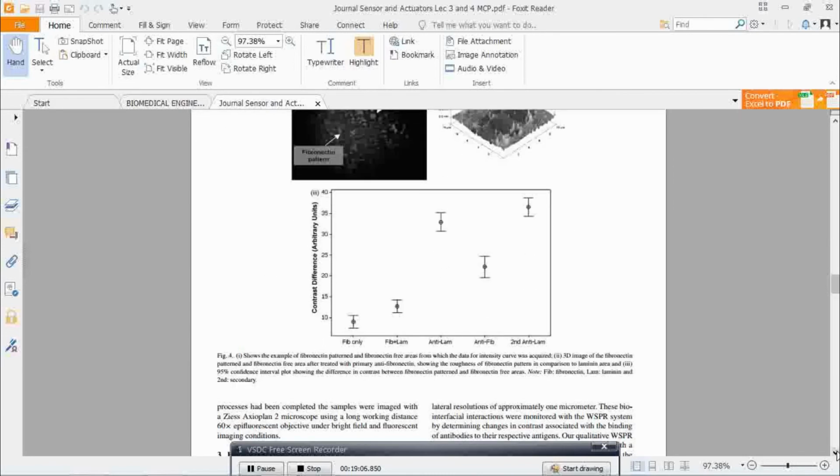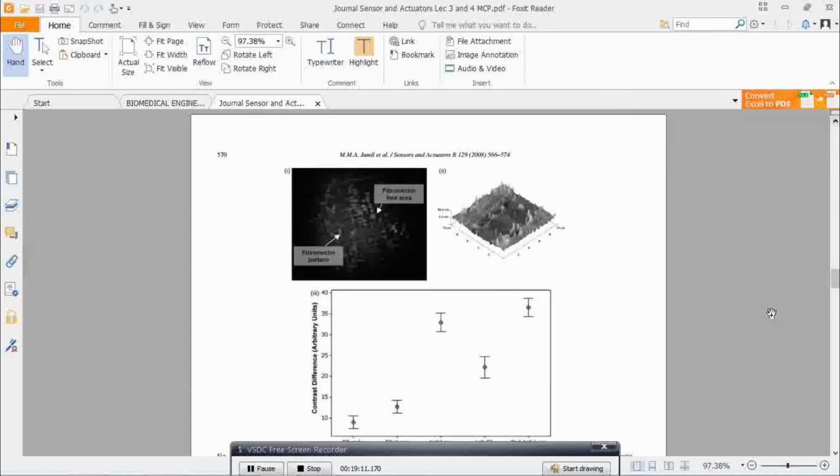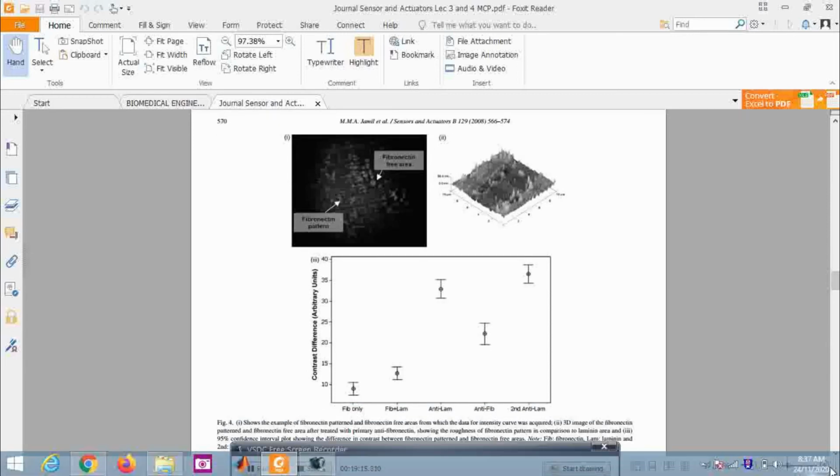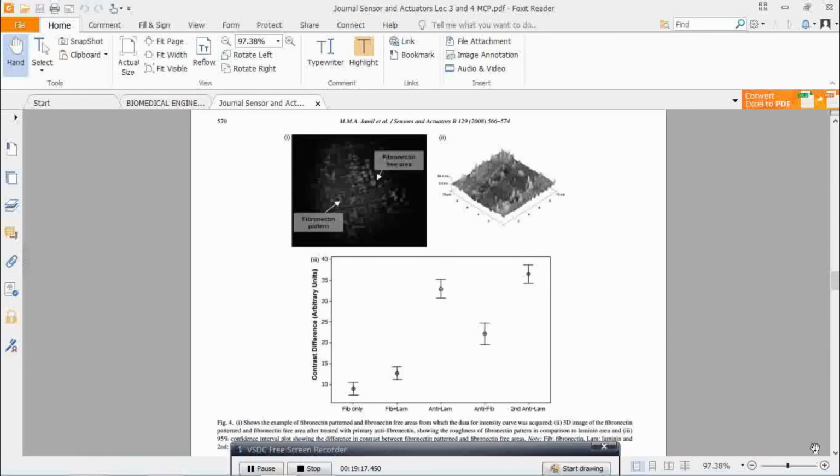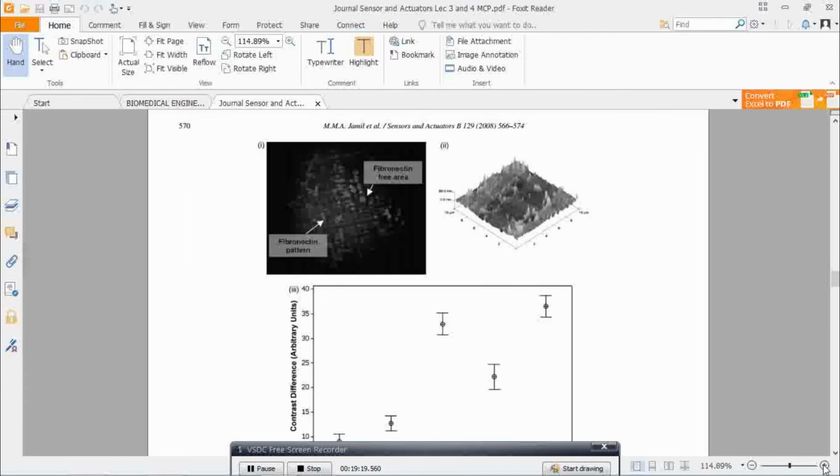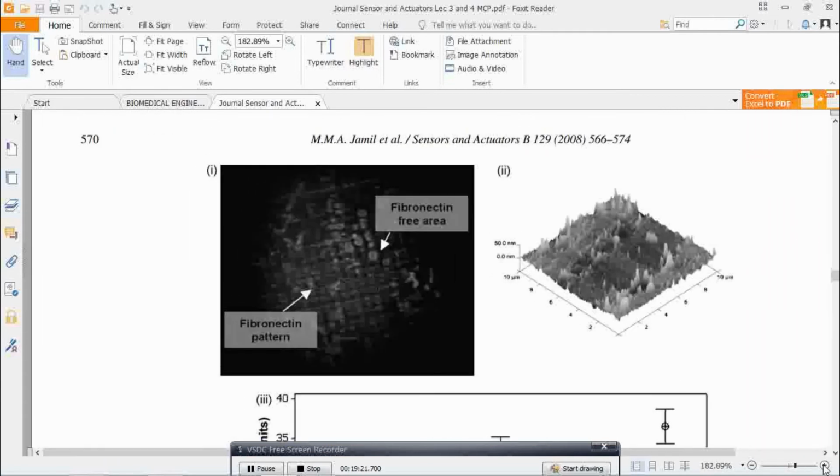Hopefully I will have one diagram here to show. Yes, this one. Okay, let's see. So this is the sample imaged in the surface plasmon system.